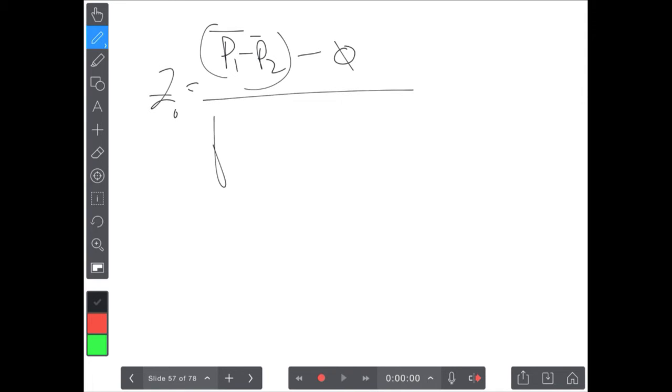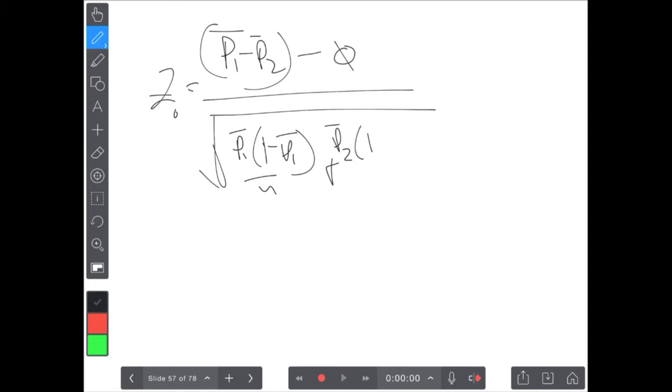which actually leads us to an adjustment that we have to make. I'm going to show you what I'm talking about. So normally we would use the sample estimates, which is p bar 1, 1 minus p bar 1 over n1, p bar 2, 1 minus p bar 2 over n2.